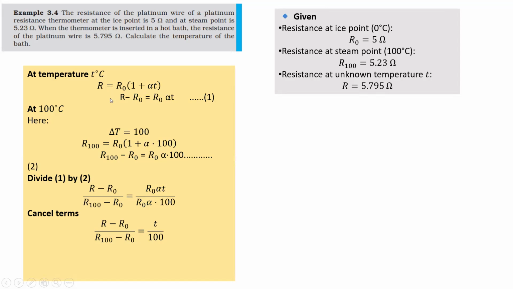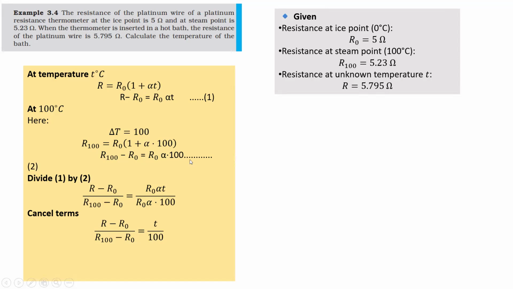First, we'll apply the equation for R0 degree and R100 degree. That is R100 equal to R0 into 1 plus alpha delta T. Change in the temperature is 100. R100 minus R0 equal to R0 into alpha into 100. Okay.